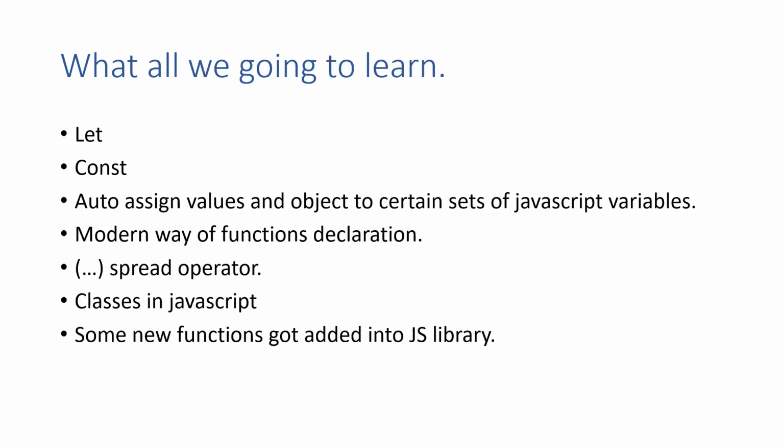After that we will be learning about the modern way of declaring functions in JavaScript, then the spread operator. Then we will also learn how to define classes in JavaScript, how to declare objects, and how to call references to inner variables and inner properties of those classes.